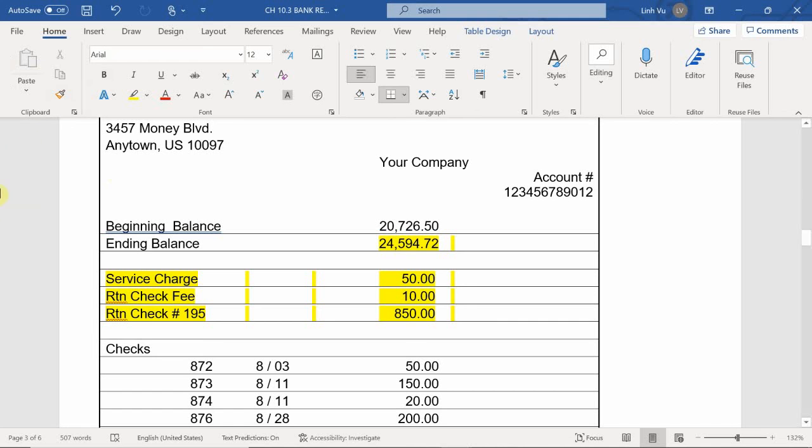And here I got a return check number 195 for a total of $850. If something doesn't go through, it's going to notify you at the very top of what you got charged for. So I got a return check for $850. That means a customer must have sent me a bad check, because check number 195 isn't part of our system. So someone's check bounced. So I got 50, 10, and 850.